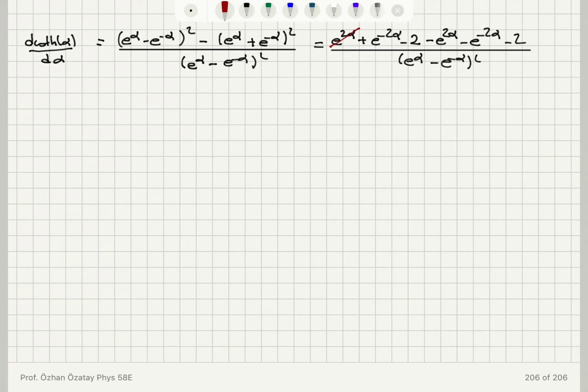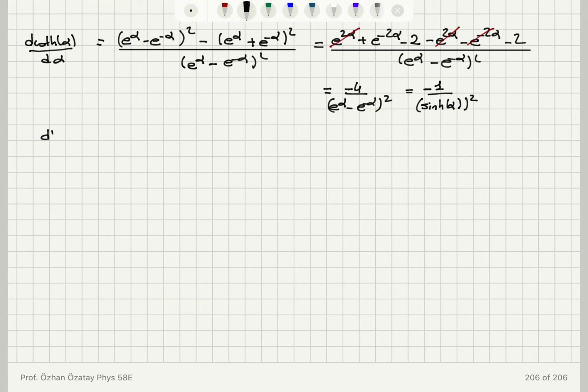You can see that these will cancel. So the answer is minus 4 over e to the alpha minus e to the minus alpha square, which is basically minus 1 over sine hyperbolic alpha square. So that is the answer.